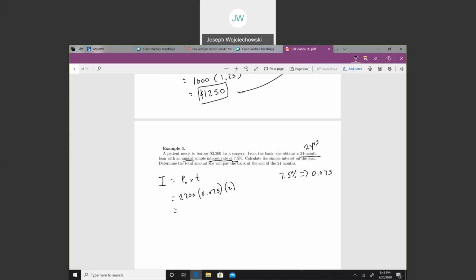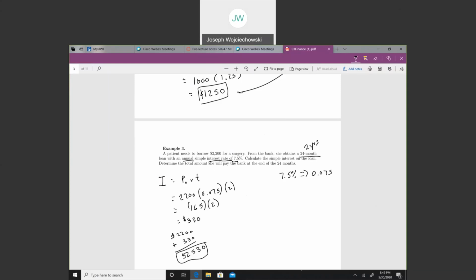So we have 2,200 times 0.075, which gives me 165, times 2, which gives me $330. And $2,200 plus $330 is $2,530. That is the second part.